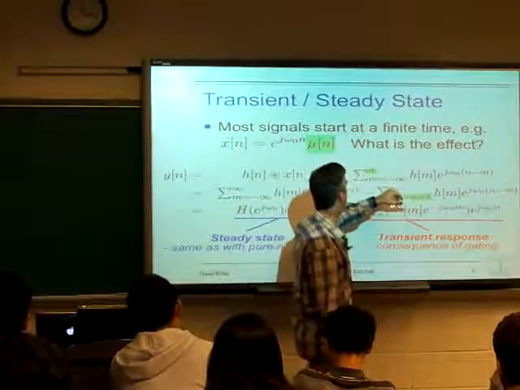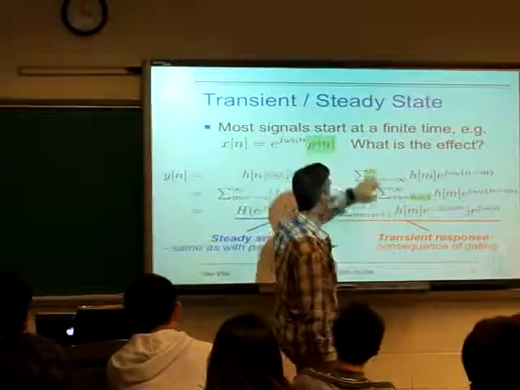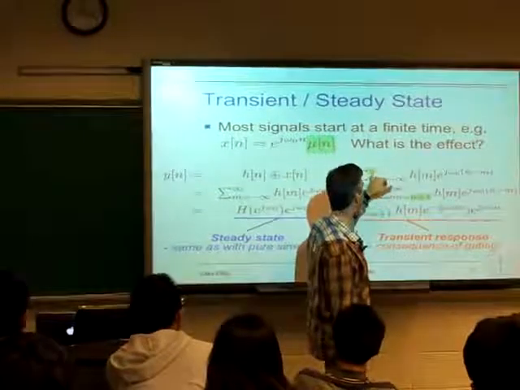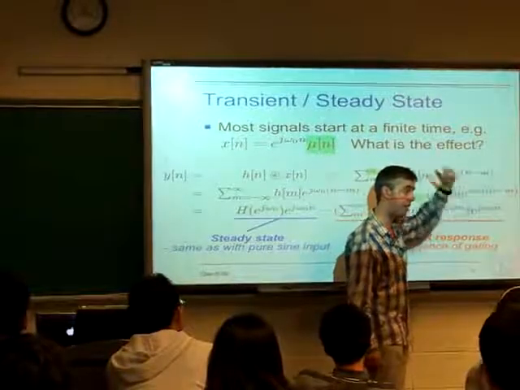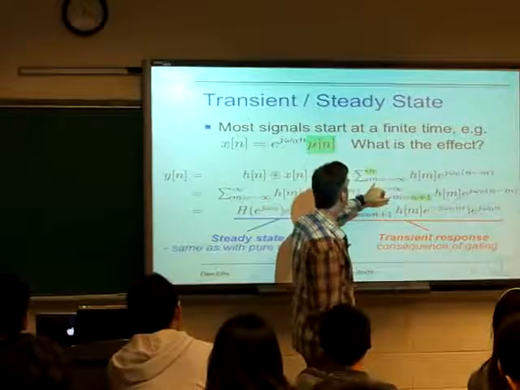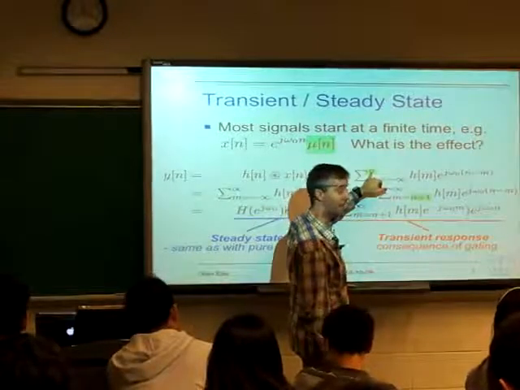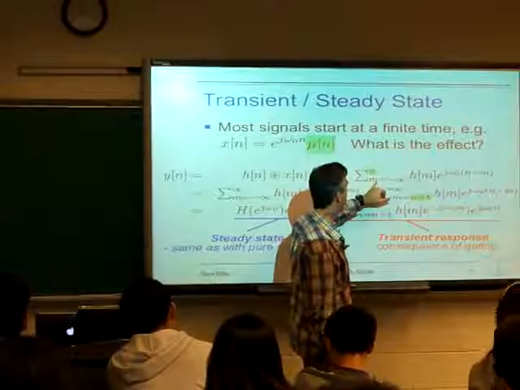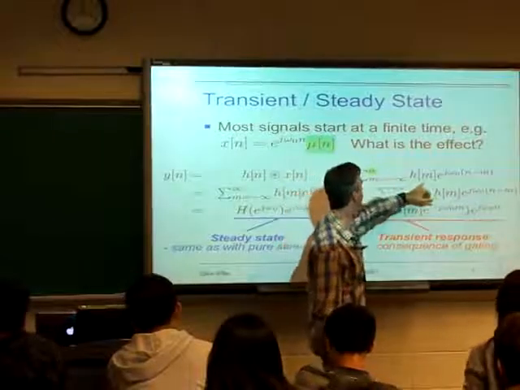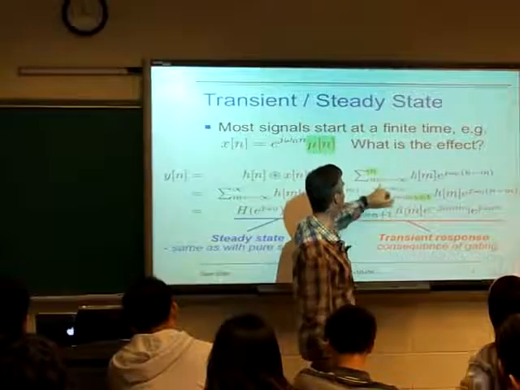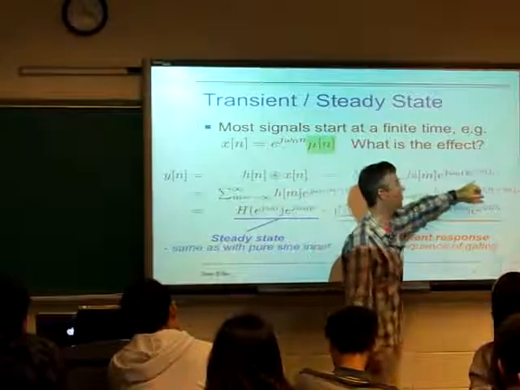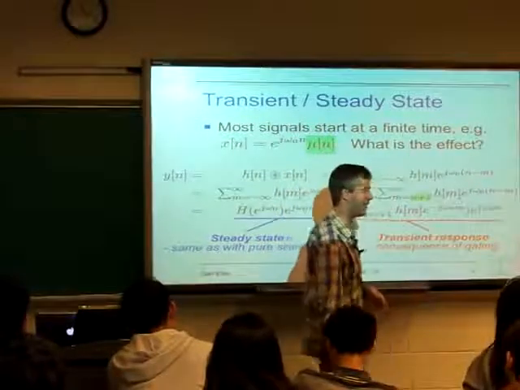So basically, whereas before, without this, it would just be this sum from m equals minus infinity to infinity, h of m, e to the j omega 0 n minus m. That was the expression we had a couple of slides back. Now what's happened is we've got an upper limit on our summation here, that we only look backwards for a particular value of n at the output. We can only look backwards in our h up to the point where x begins.